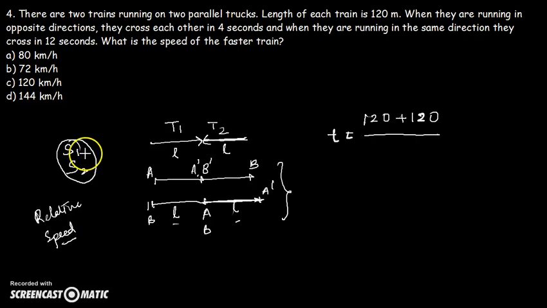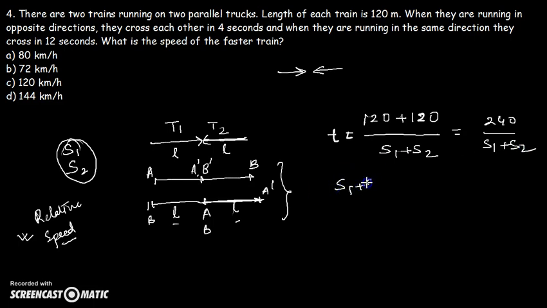As you must be aware, since both of them are moving in the opposite directions, their speeds will be added to give the relative speed. That's why the time taken in this case will be 240 divided by the relative speed, which is S1 plus S2. You can write 240 upon S1 plus S2, or S1 plus S2 is equal to 240 divided by the time taken. Time taken is 4 seconds. So this value will be 60 meter per second.